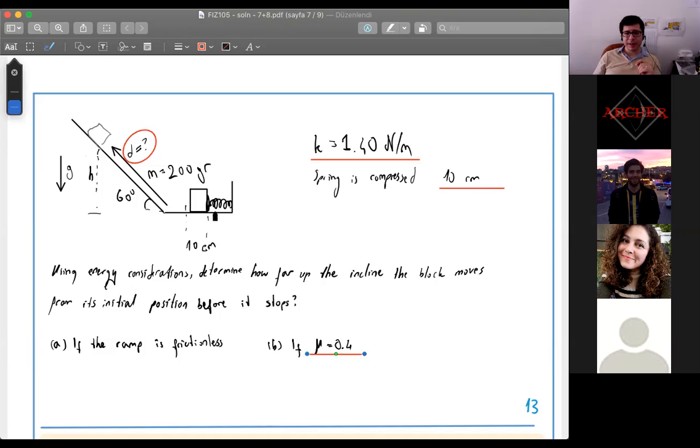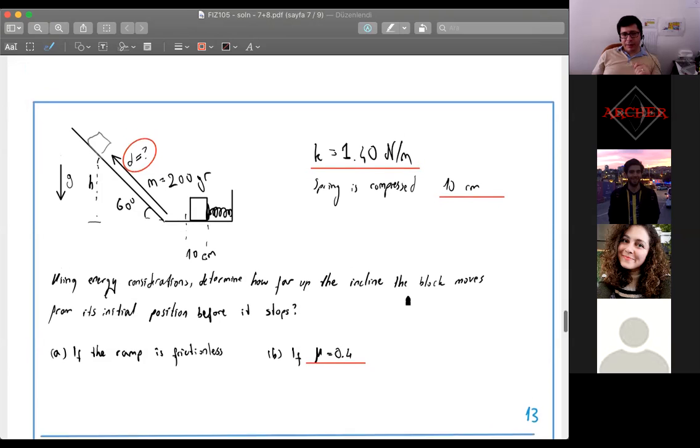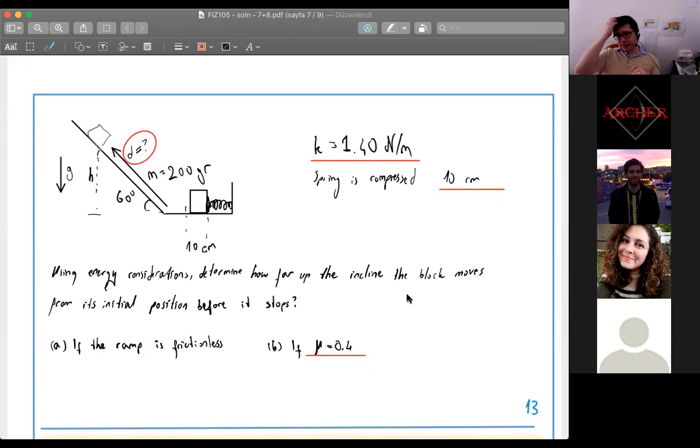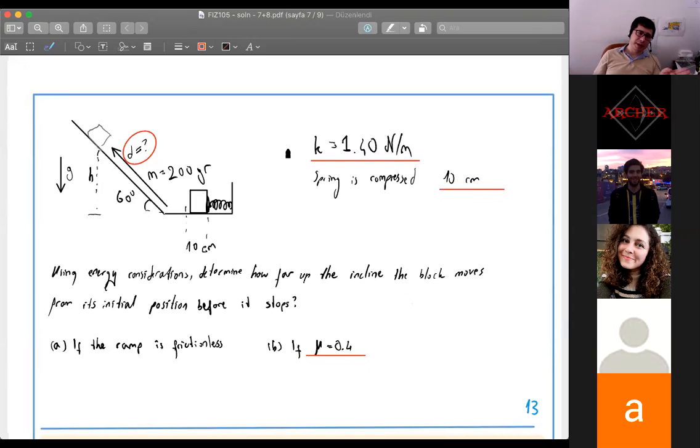This part is always frictionless, only on the ramp part. So let's find out. As I said, initially there is elastic potential energy, and finally there will be gravitational potential energy, okay? Initially the object is at rest, finally it will again be at rest. This is just like one kind of energy being transferred to another kind of energy.